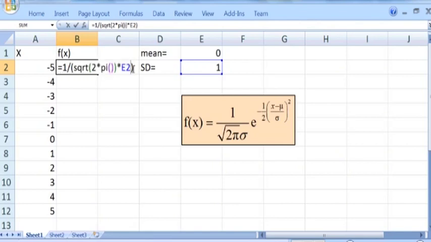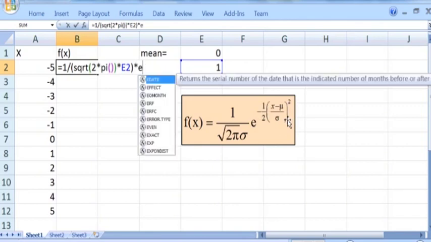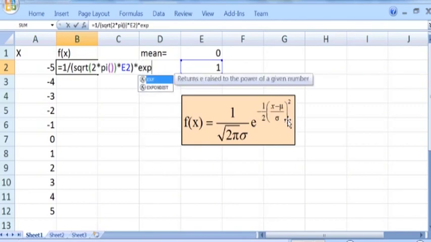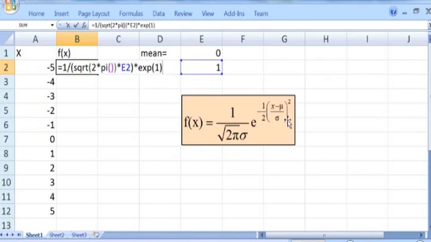So this will calculate 1 over square root 2 pi times sigma. Then we have to multiply this full expression with e raised to a certain power. So asterisk for multiplication, and for e we know that we can use EXP(1).